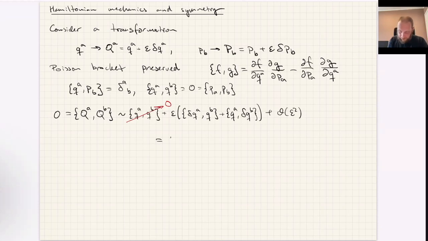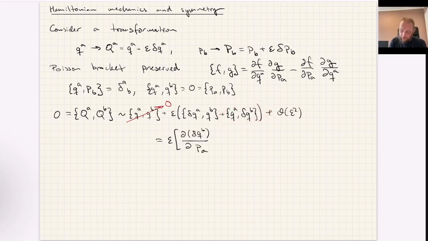I get an epsilon, and then I have d delta QB dp dpa, right? So this term comes from this bracket.